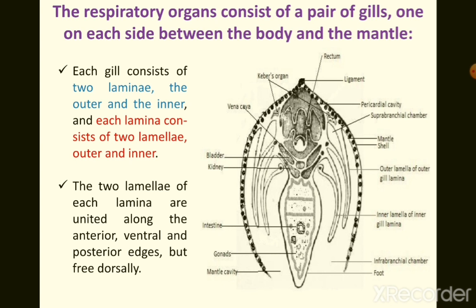The shell is followed by a layer of mantle, and below the mantle you find two folded gill plates, right? And then you find the visceral mass, and below the visceral mass again you find a folded pair of gills, and then the mantle, and then the shell. This is the order of structures that we find.